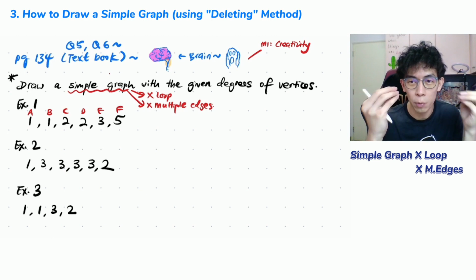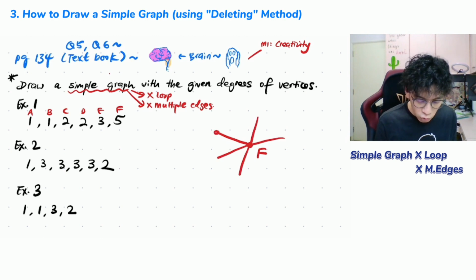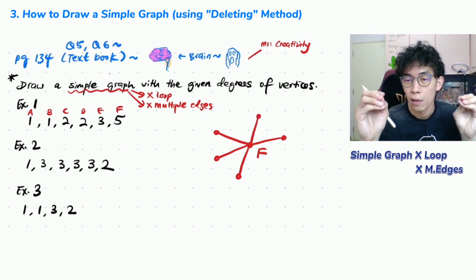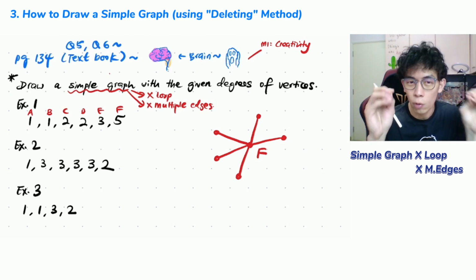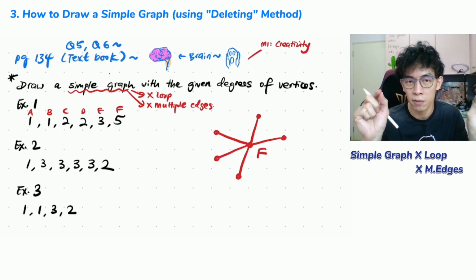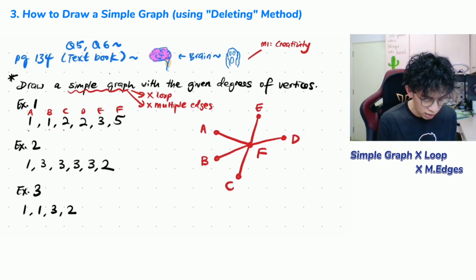F vertex there with 5 degree basically means you get a big F there, and there are 5 lines shooting towards F. And look at the lines that shoot towards F, because one edge involves 2 vertices. So you notice that it can be B, C, A, B, C, D and E, all these things link together.